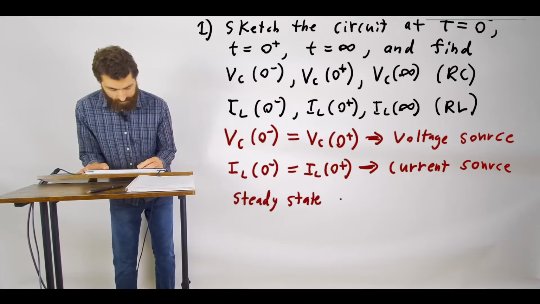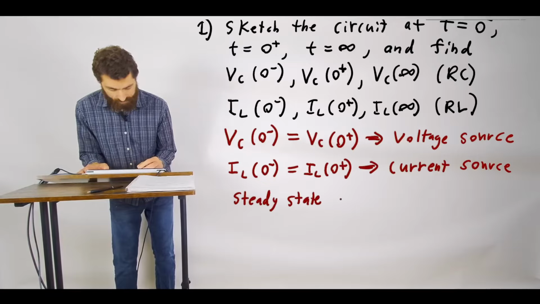And an inductor in steady state will look like a short circuit. So using these four basic principles, you can sketch the circuit at all these different time periods and then find out what these relevant voltages are.